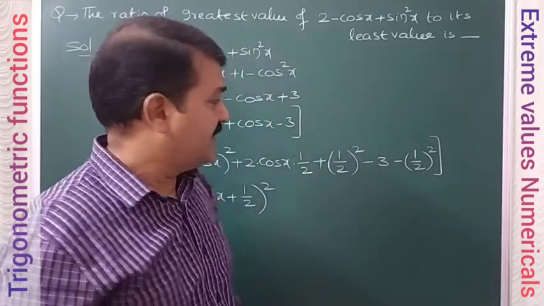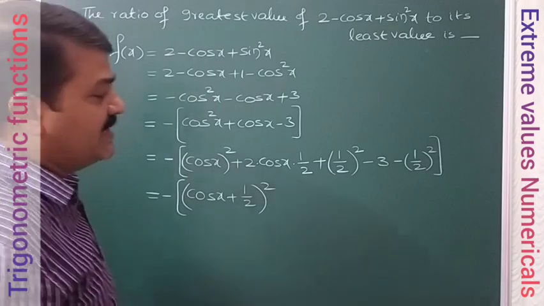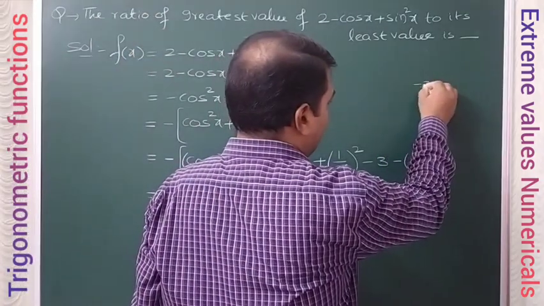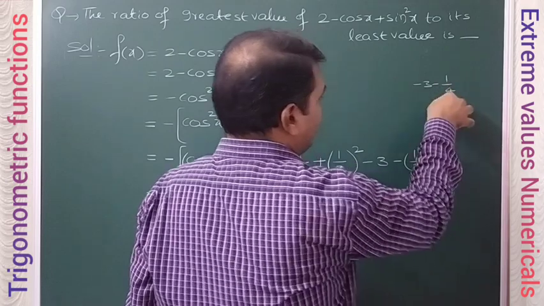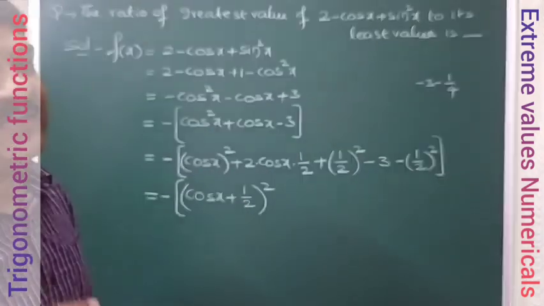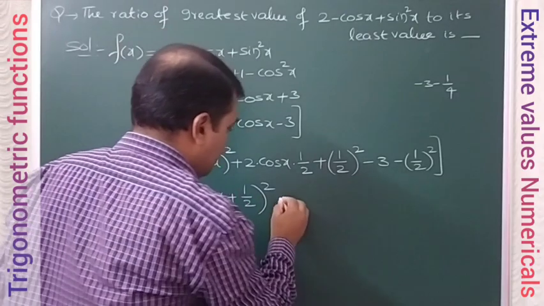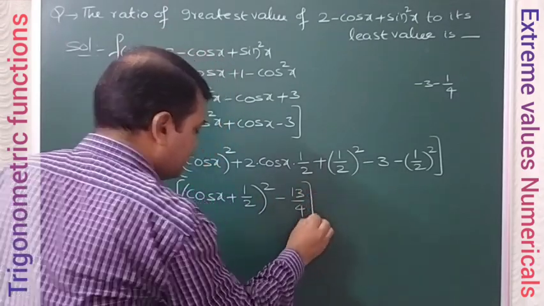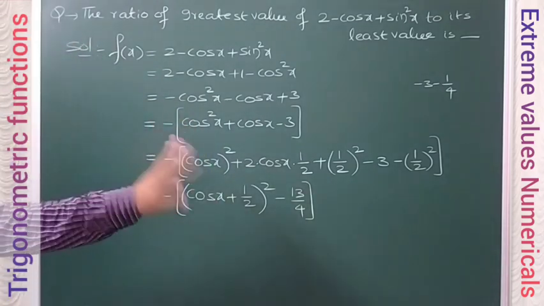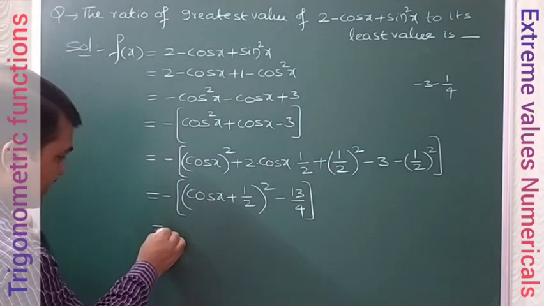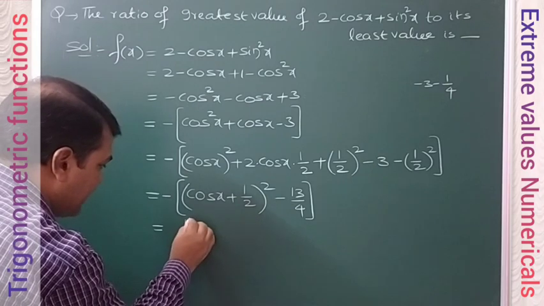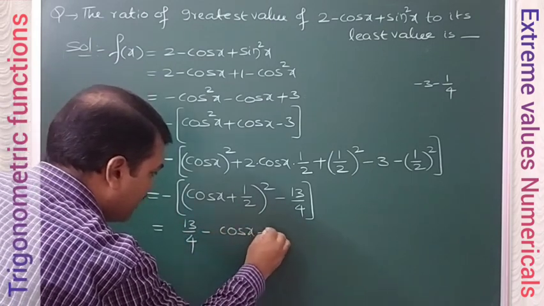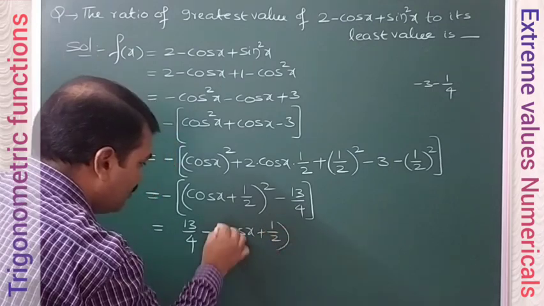If you simplify, it is going to be minus 13 by 4. So when you multiply with minus, this becomes minus into minus, plus 13 by 4 minus of cos x plus 1 by 2 whole square.